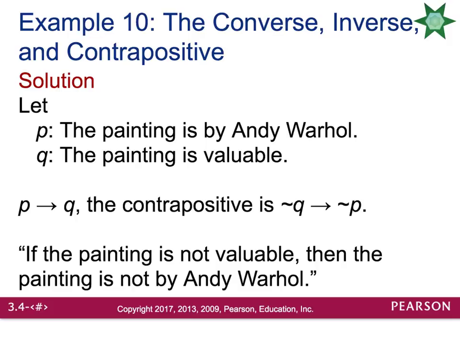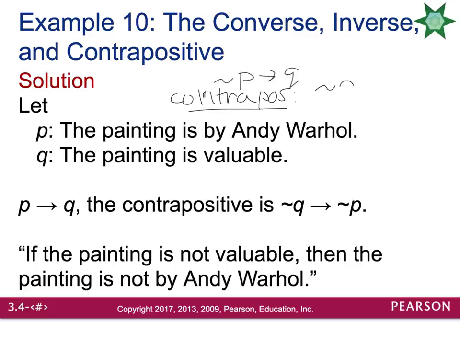It's important to note, let's say we have negation P arrow Q, and I want to take the contrapositive. When we negate both of these, this becomes just P, because I already have negation P, and this becomes negation Q. So the contrapositive for this one is: I switch the order, and I negate both of them.